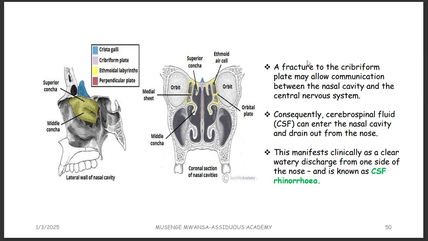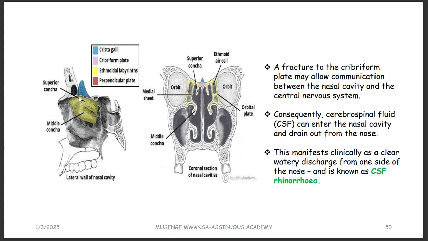So sometimes there can be a fracture of the cribriform plate. And you can see down here you have got the nose. On top, you actually have the brain. And you know the brain is covered in meninges, which contain cerebrospinal fluid, like the dura mater, the pia mater, the arachnoid mater. There is cerebrospinal fluid there.